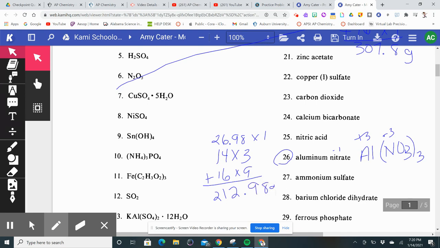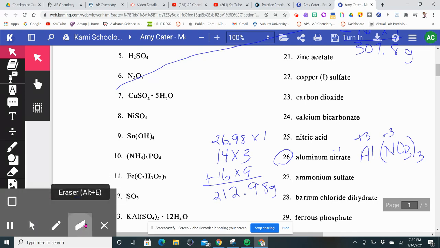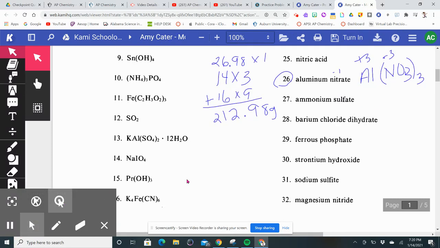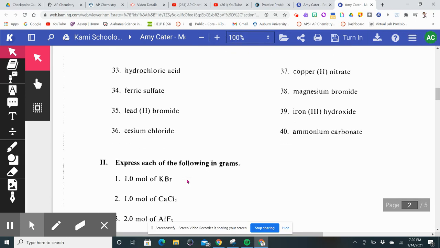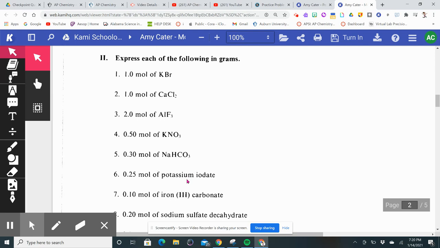And all of these atomic masses or atomic weights are in grams. Okay, so that's how you'll do those. Do you remember you're only doing the odds? Okay. All right, down here for Roman numeral 2, again, you're just doing the odds.